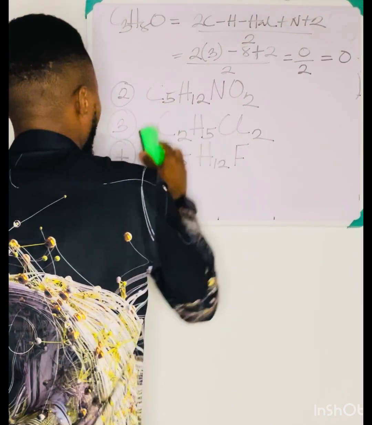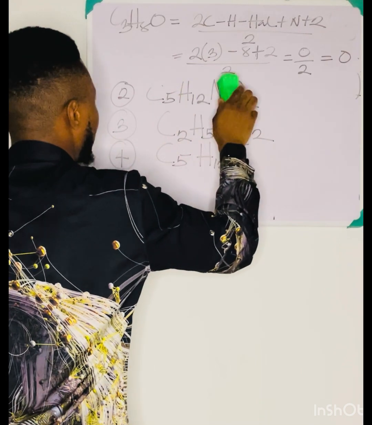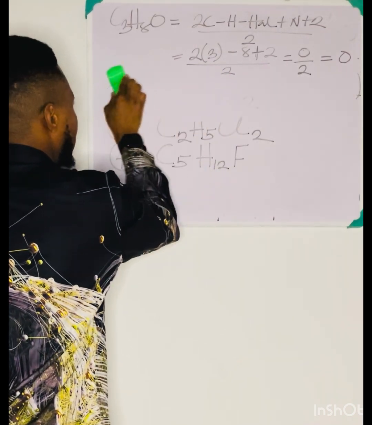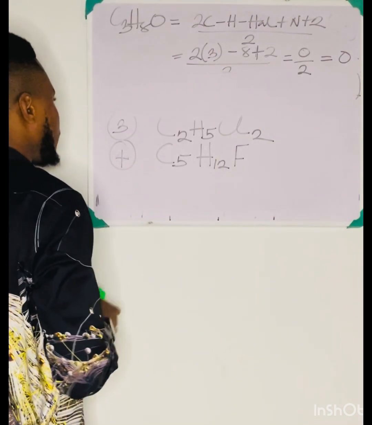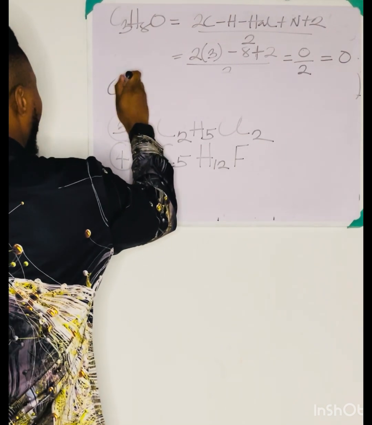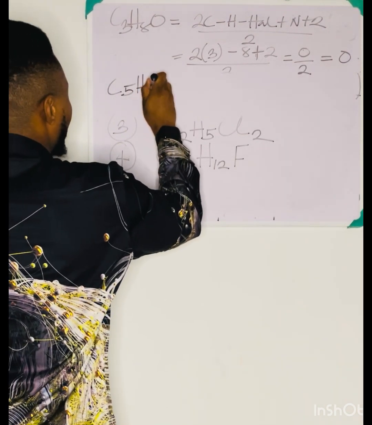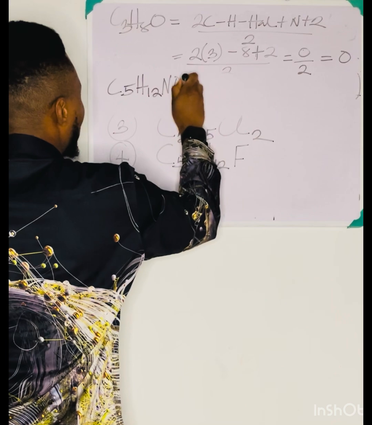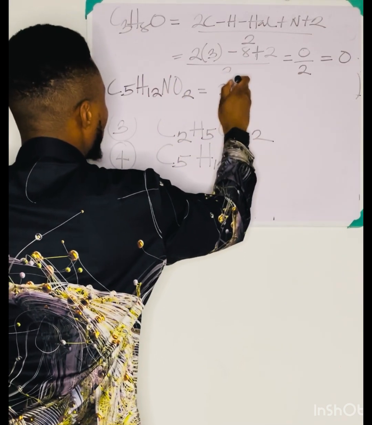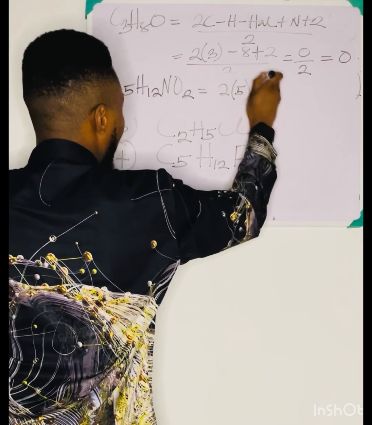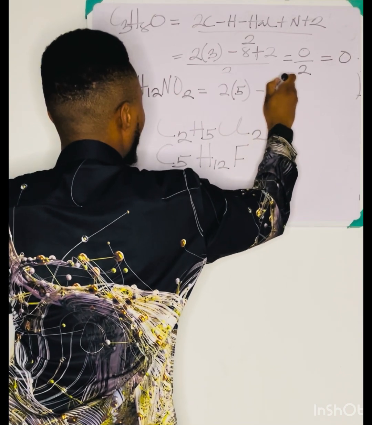So now let's look at the second one, C5H12NO2. So we'll have 2 times 5. We are still using this formula. Minus hydrogen, which is here at 12.